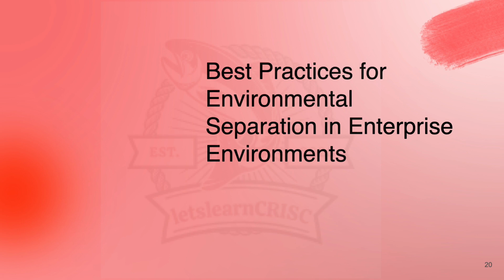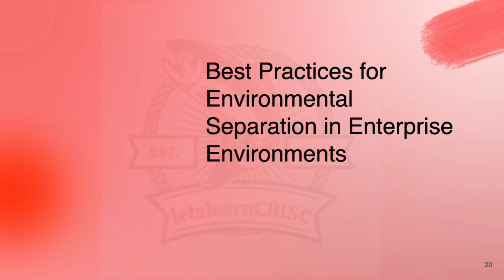It involves separating development or testing environments from production areas to mitigate the risk of unauthorized access or changes to the critical system. Right? Moving ahead, we'll delve into the best practices for environmental separation in the enterprise environment, including the use of network level separation, physical separate workshops, and distinct developer teams for test and production systems.